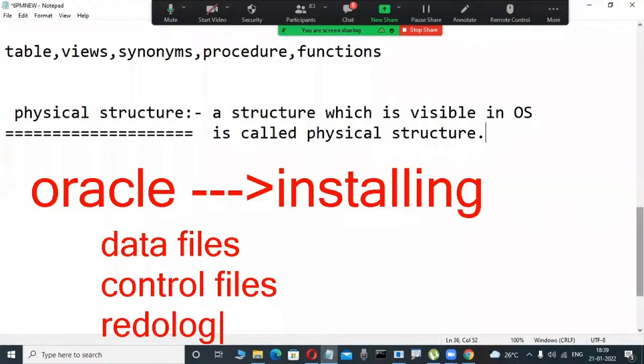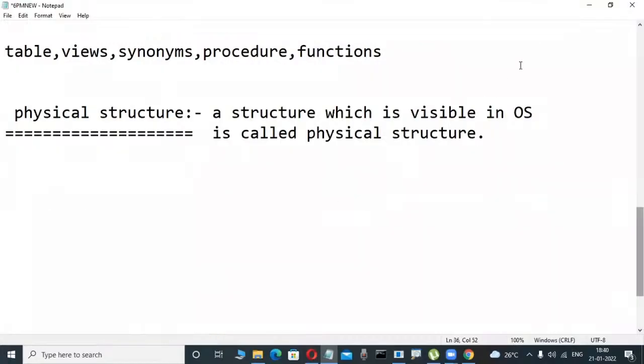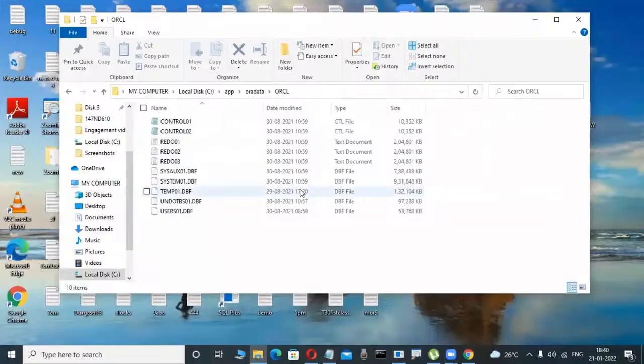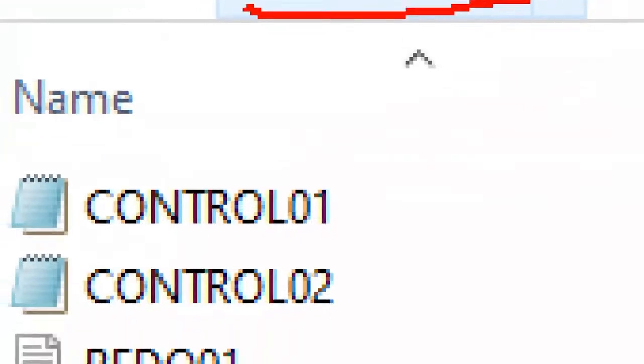You don't have an idea of these yet; in future, in the DBA concept, I'm giving a rough introduction in our course. Whenever I install Oracle software, some files are created in the C drive or D drive.